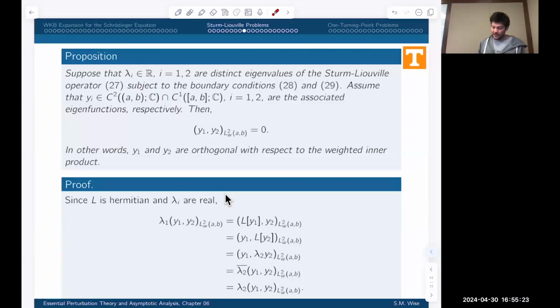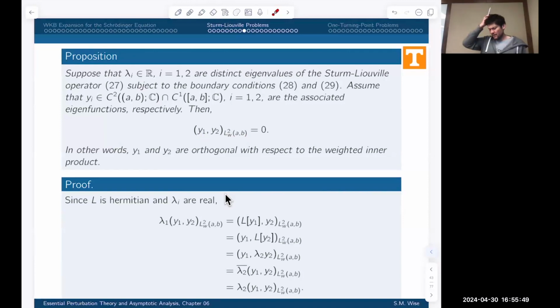Then, if these really are discrete real eigenvalues, remember all the eigenvalues are real, then the inner product of y1 against y2 is just 0. In other words, y1 and y2 are orthogonal in this weighted L2 norm. Does everyone know what orthogonal means? Okay, so this is an abstract statement of orthogonality.